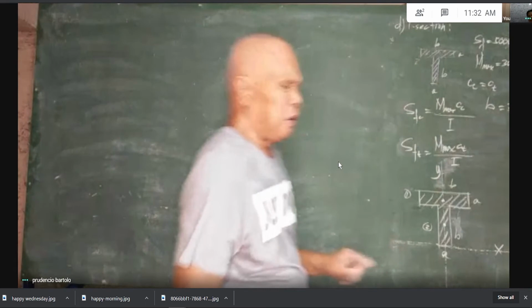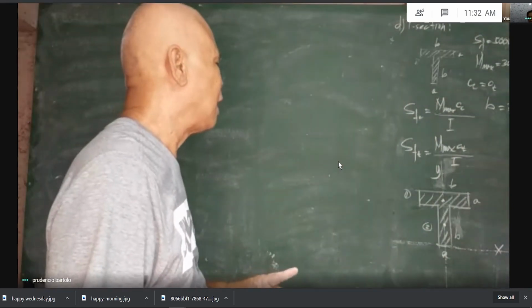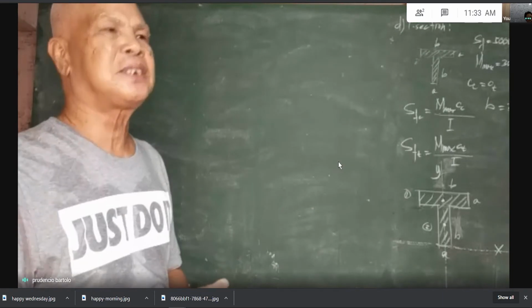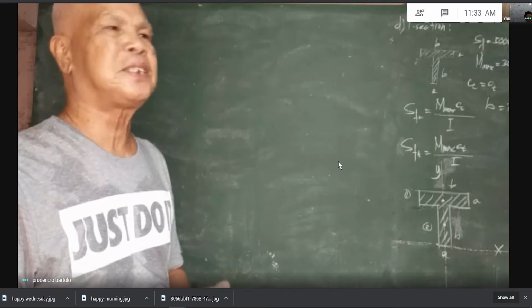Meaning to say, we have to find a projection that will coincide with the centroid of its centroidal axis of the composite figure, so that x bar will become 0.